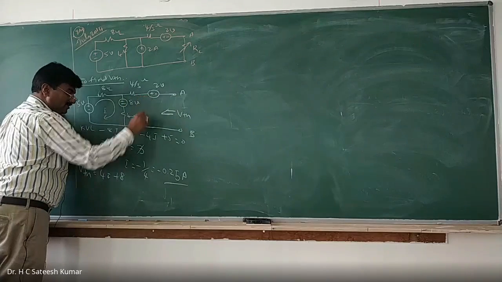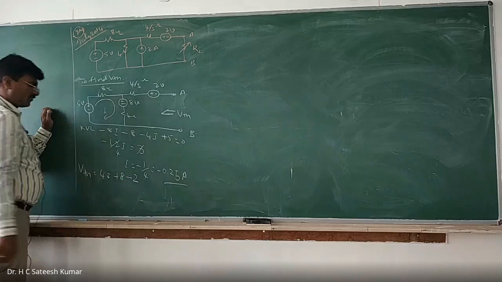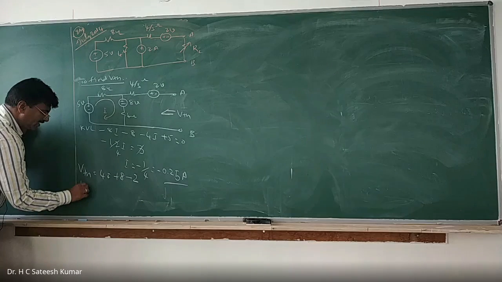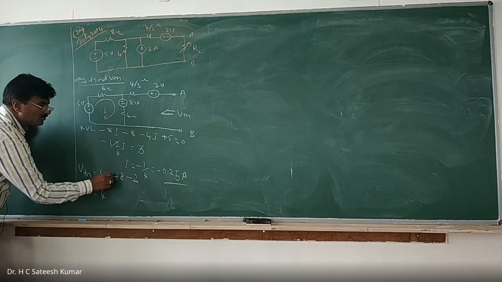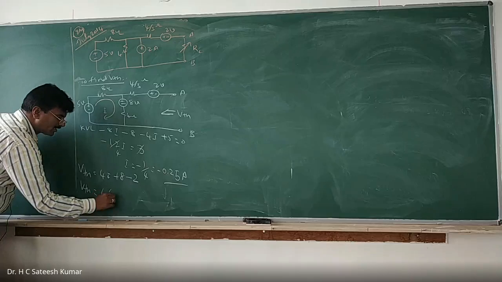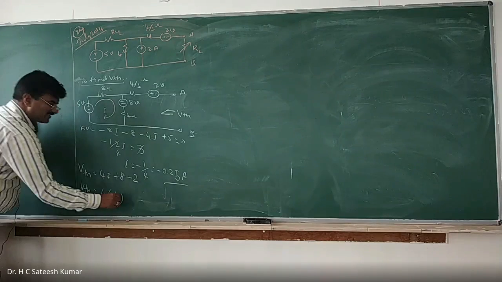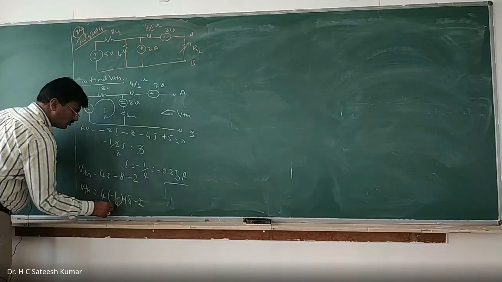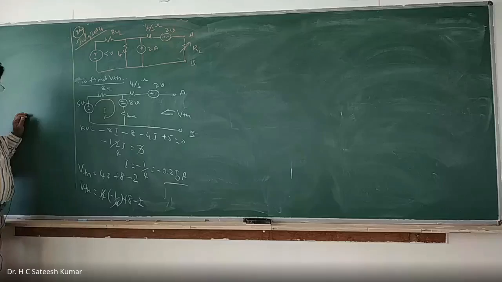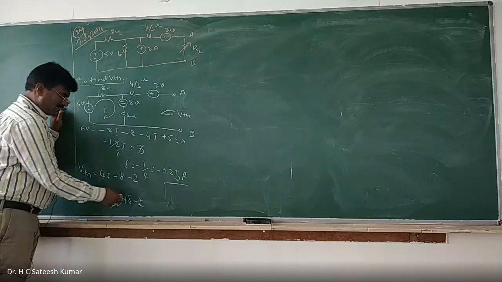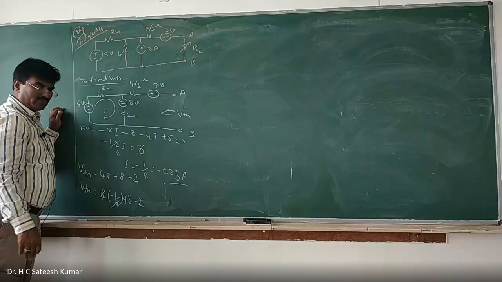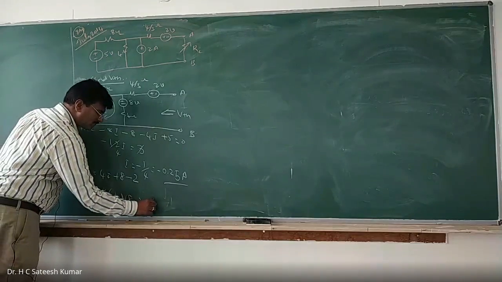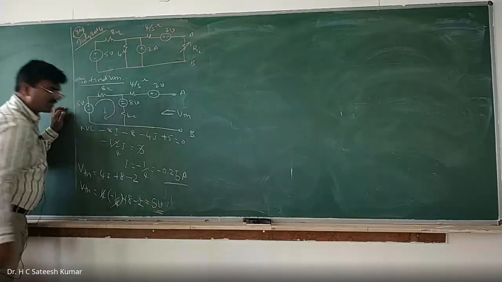Plus 2 minus is minus 2. Therefore VTH is equal to 4 into I, where I is minus 1 by 4, plus 8 minus 2. 4, 4 gets cancelled. Minus 1, minus 2, minus 3. Minus 3 plus 8 is 5. So plus 5 volts, you will get VTH.